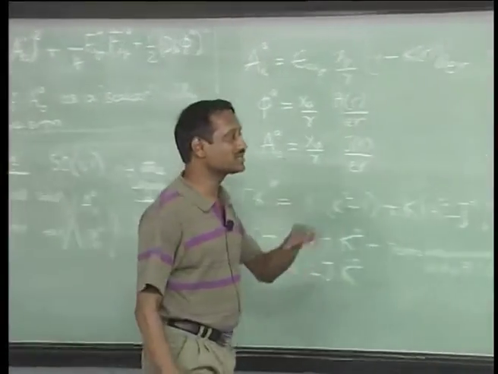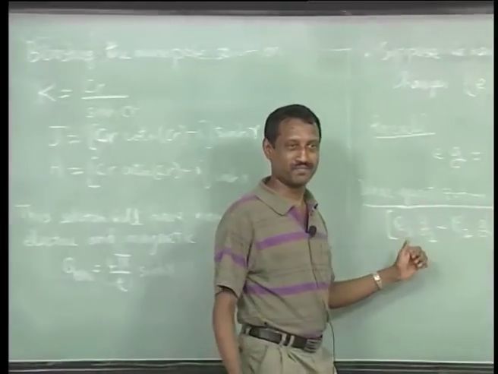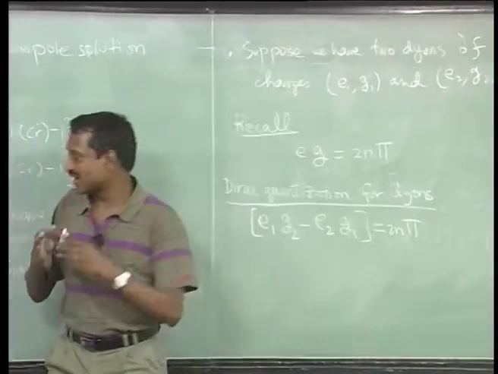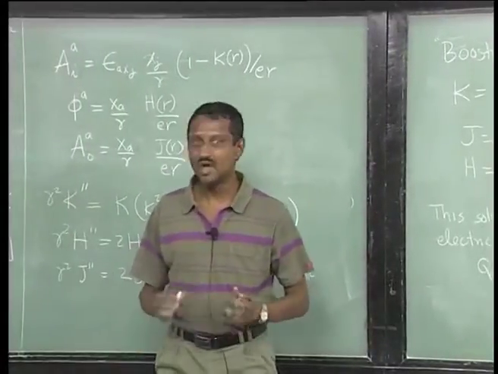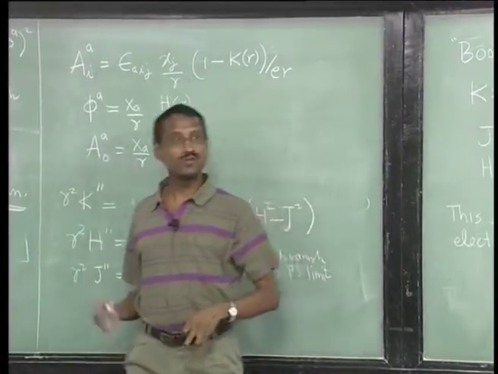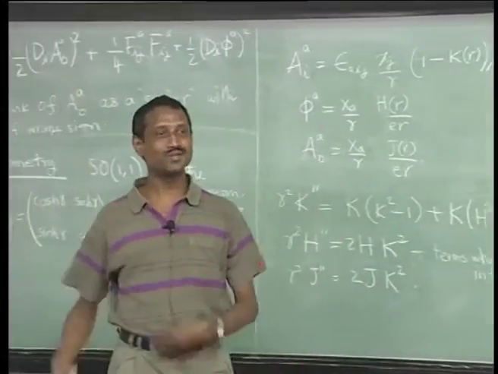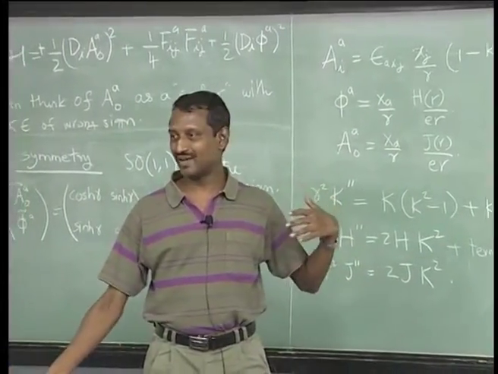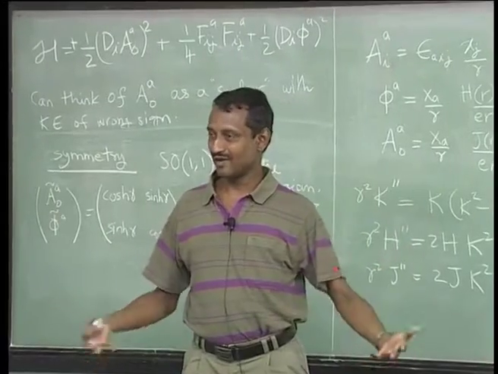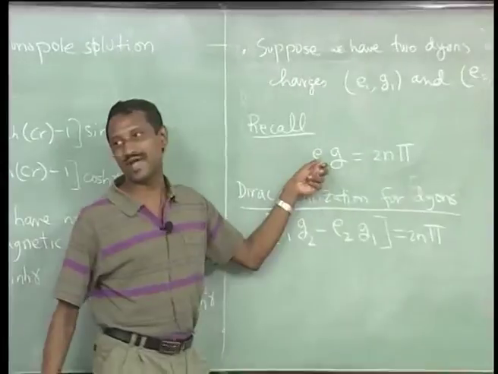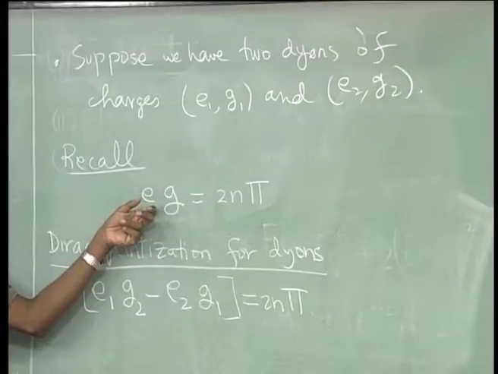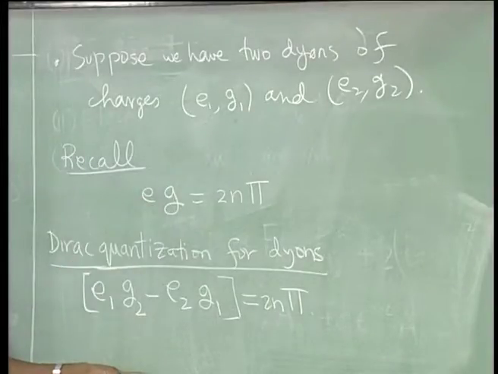Okay. So this is just a consistency check of what I am saying. In some sense what I have in mind is I take something which is a pure monopole and make it into a dyon with a boost. Obviously the same thing, if you give me something which is pure electric, under the boost even that will pick up a magnetic field. So now that is an example of a dyon, and this better reduce to that, okay, and that happens. So is this clear? Okay.